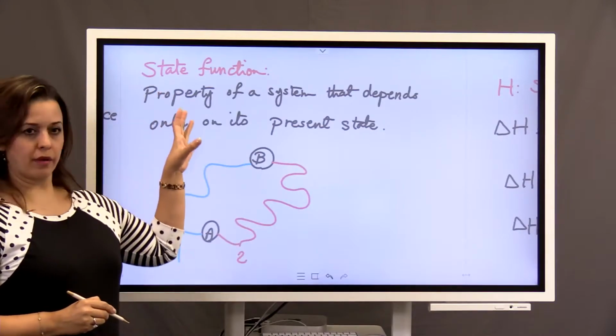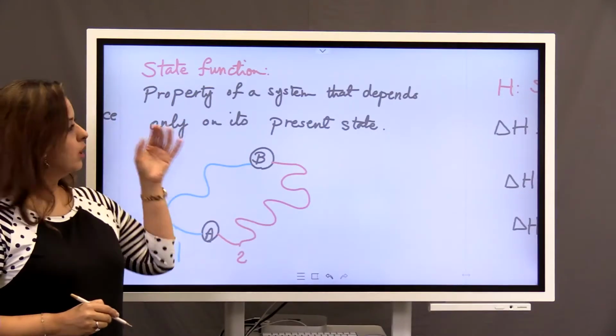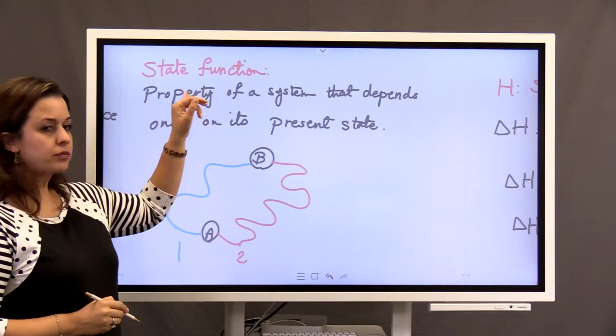This is the same in thermochemical reactions.